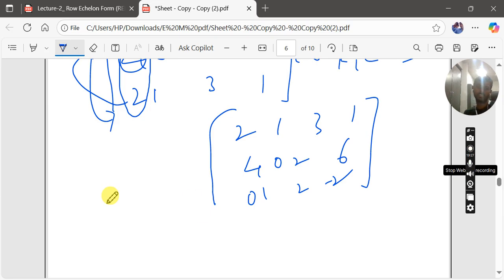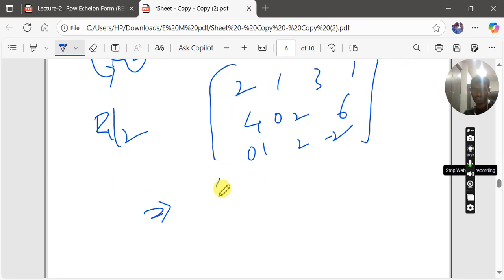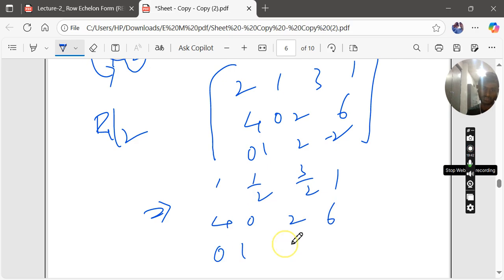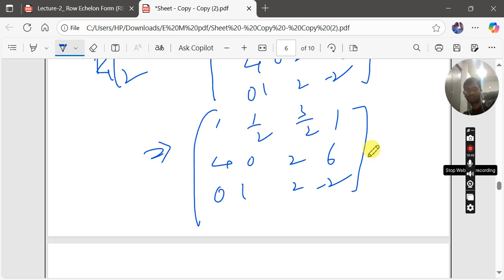So when you do R1 by 2, it is nothing but 1, 1 by 2, 3 by 2, 1, and 4 0 2 6, and 0 1 2 minus 2. Here you want 0, so R2 implies R2 minus 4 times R1.